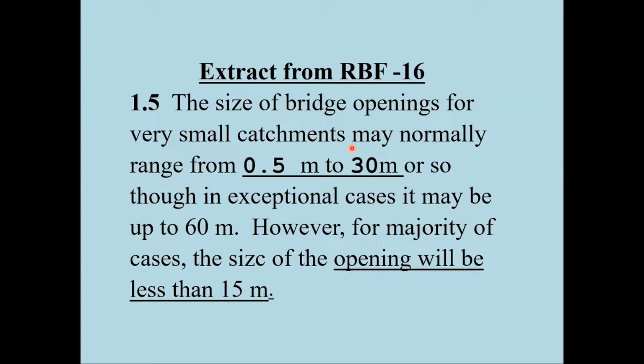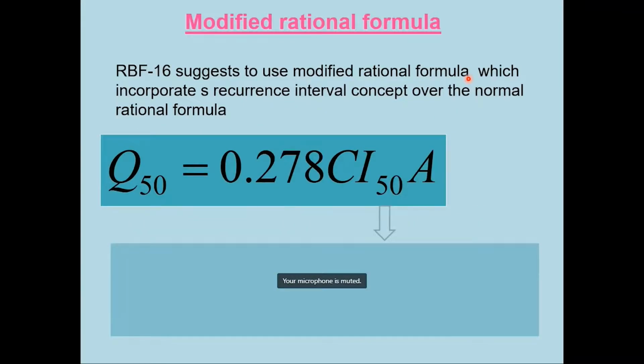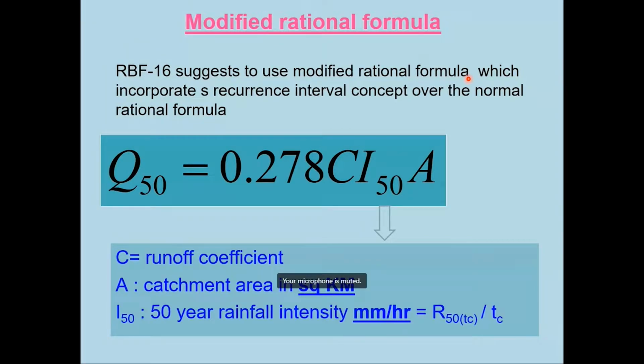So most of our bridges will come under this, and for almost all the openings which are less than 15 meters, the RBF 16 report is good enough to determine the design discharge. So the majority of our bridges is covered by this RBF report.